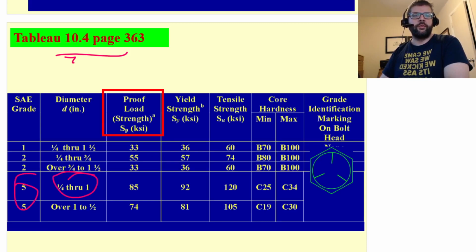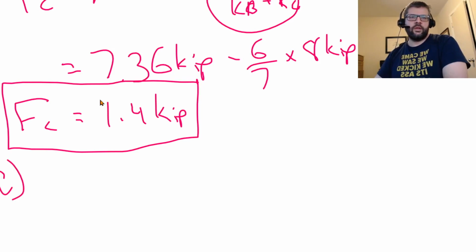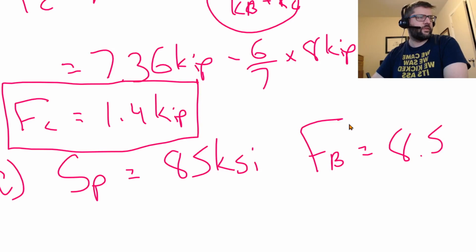We'll have a proof load of 85 ksi. So 85 ksi is our Sp. I'm just going to write that down here. Sp is equal to 85 ksi, and Fb in this situation is equal to 8.5 kips.